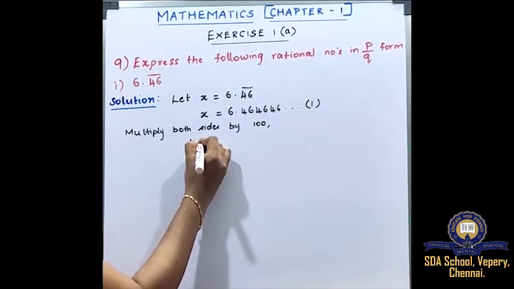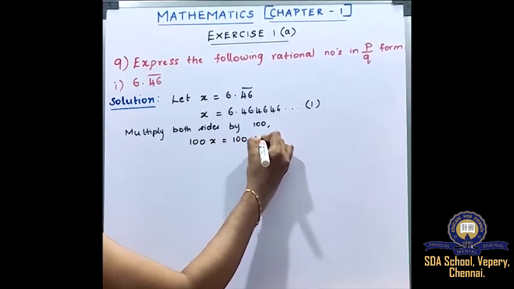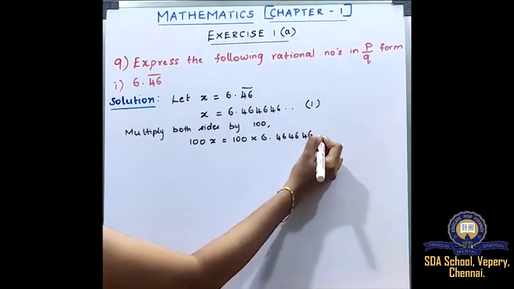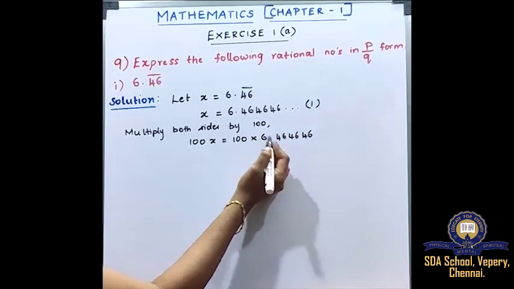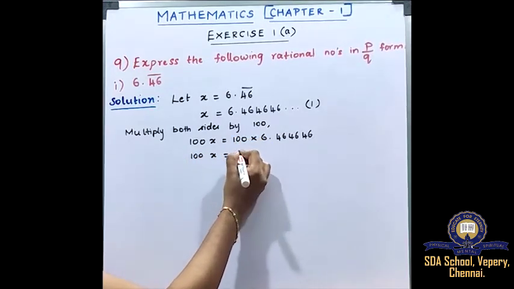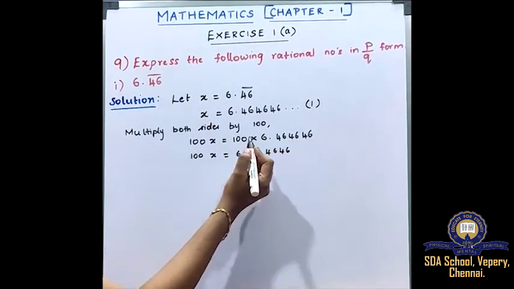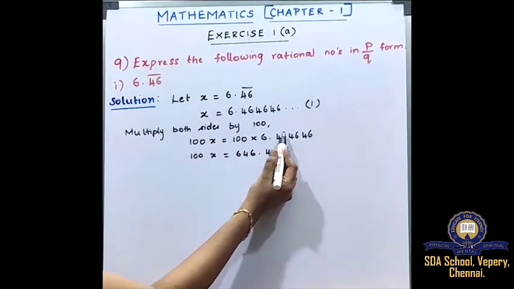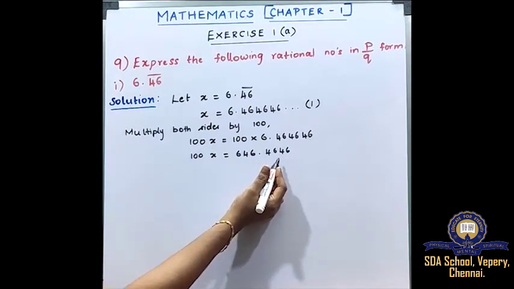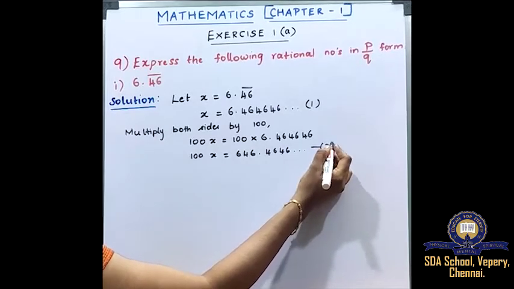What will we get? 100x equals 100 into 6.464646. If you multiply this, 100x equals 646.4646. Since we have 2 zeros here, you place the decimal point after 2 places. So we will get 646.4646. Mark this as equation 2.